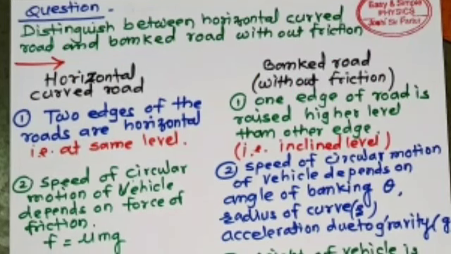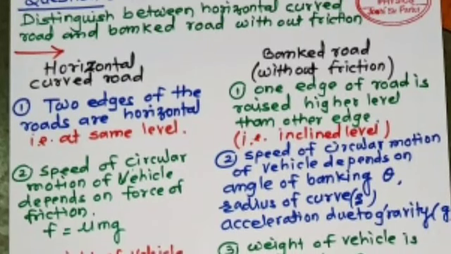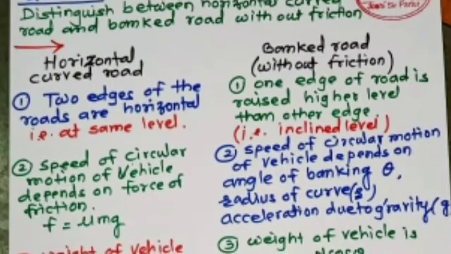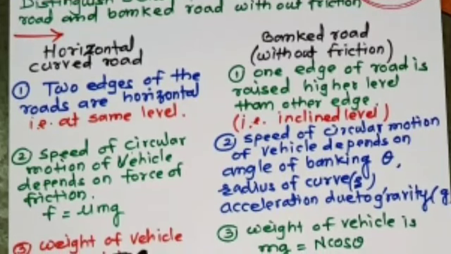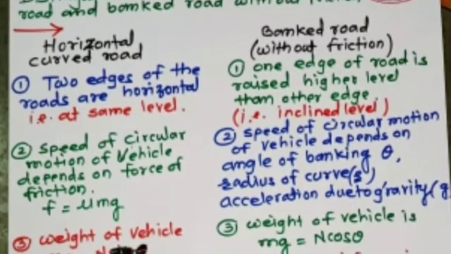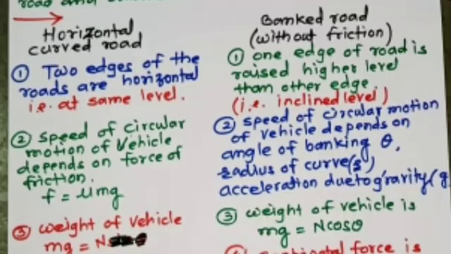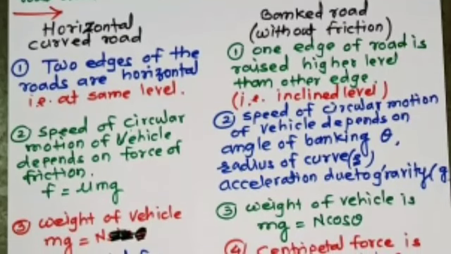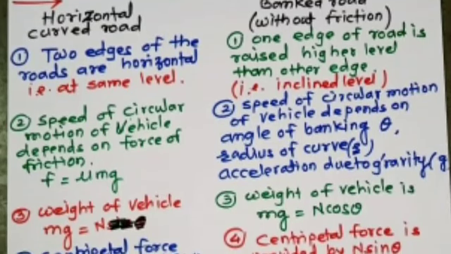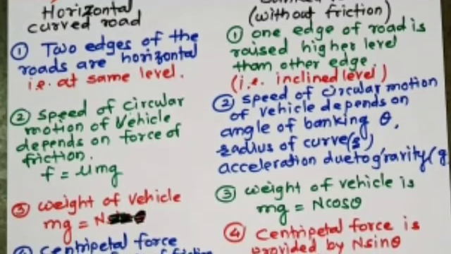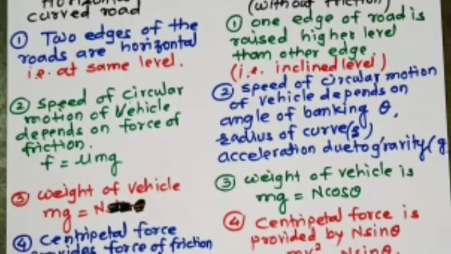Another question: distinguish between a horizontal curved road and a banked curved road without friction. So there are two columns, horizontal curved road and banked road without friction. Number one, in a horizontal curved road the two edges of the road are at the same level, whereas in a banked road one edge is raised to a higher level than the other, that is, inclined.